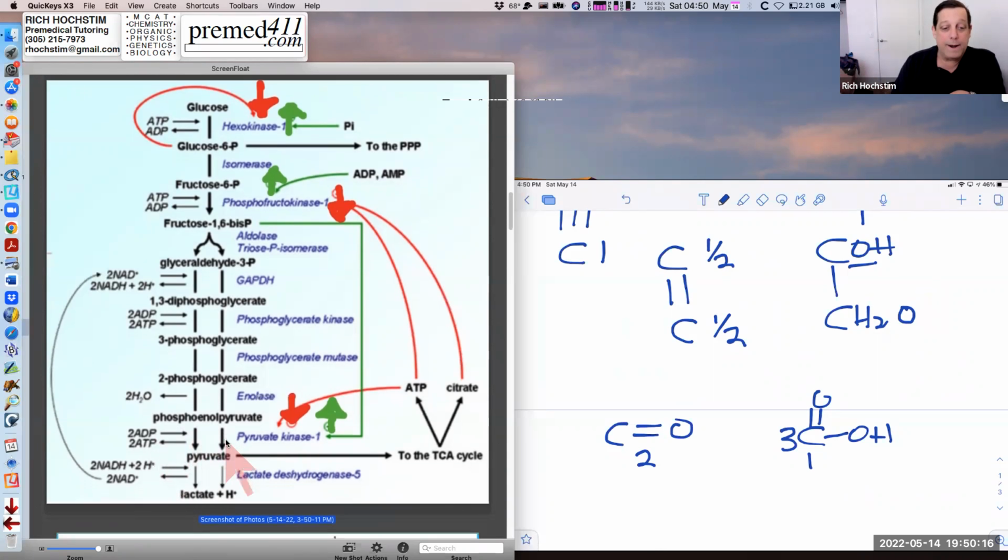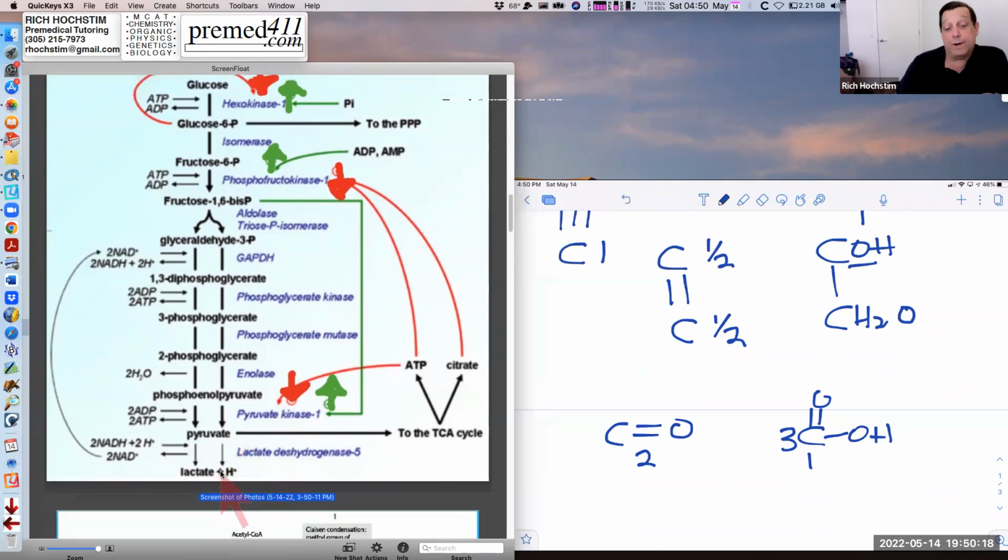Okay. Now, on the bottom over here, we have what's called fermentation. I'm going to talk about more of that in another video, but it's a pretty simple process. If NAD+ is required for glycolysis, and glycolysis is pretty much required for the electron transport chain, then if you run out of NAD+, you're in bad shape.